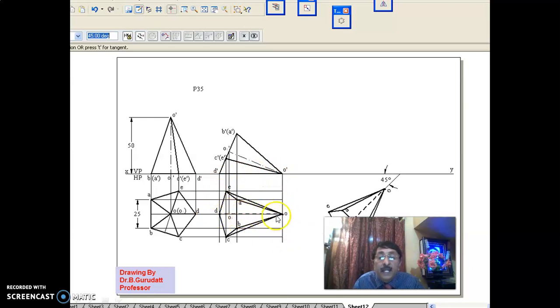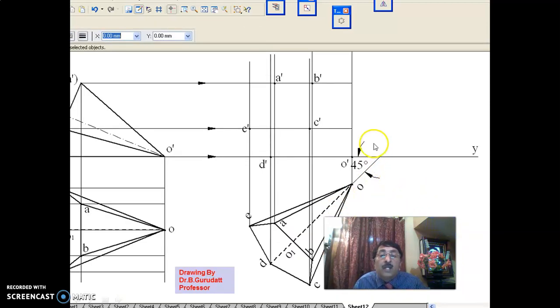That is why edge on HP is slant edge. If that slant edge is inclined at 45 degrees to VP, it is not the same as telling top view of the axis inclined at 45 degrees, because the axis is not in true length. But slant edge OC is in true length. Okay, that is why slant edge on HP is inclined at 45 degrees to VP means you do this way.